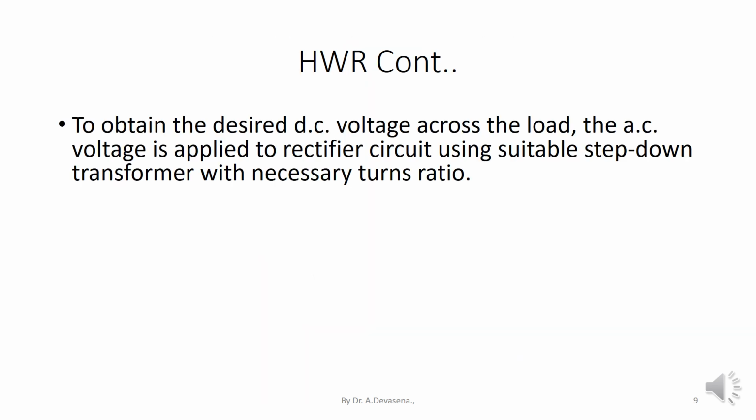To obtain the desired DC voltage across the load, the AC input voltage is applied to the rectifier circuit with the help of a suitable step-down transformer with necessary turns ratio.